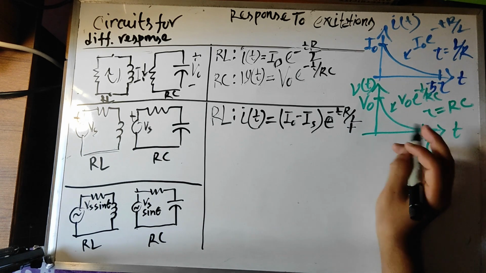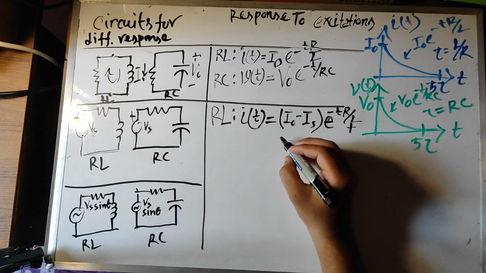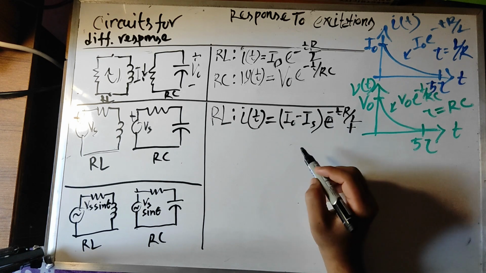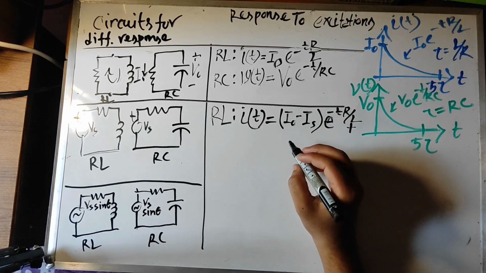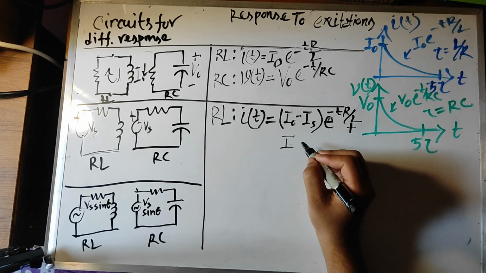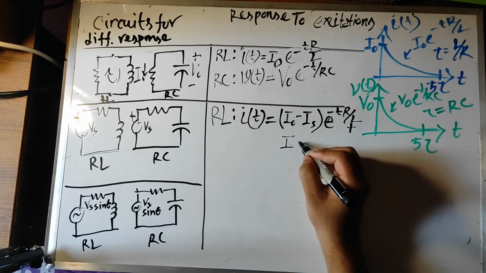plus the particular part. This is the transient part plus the particular part, which is Is.